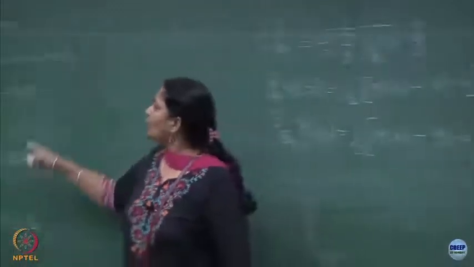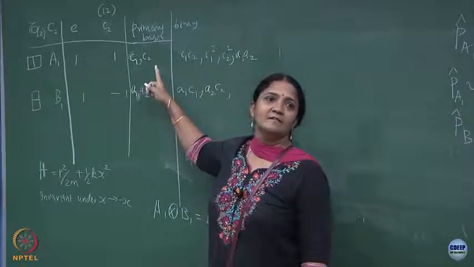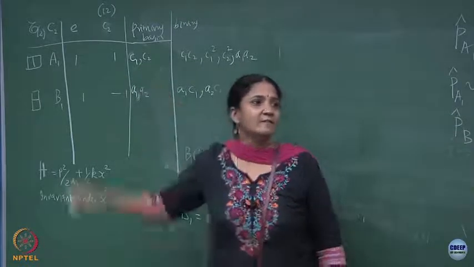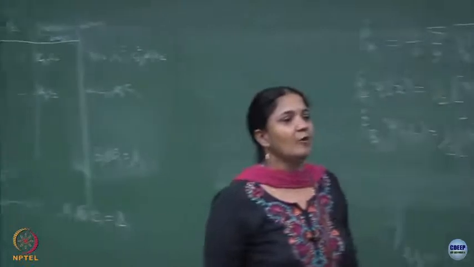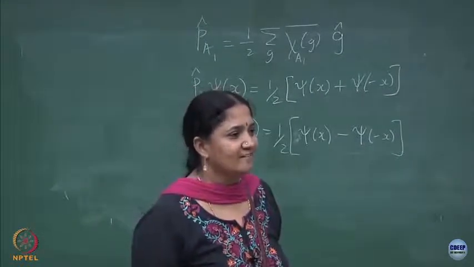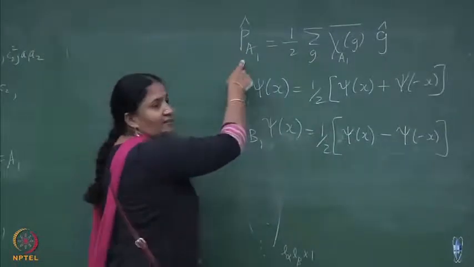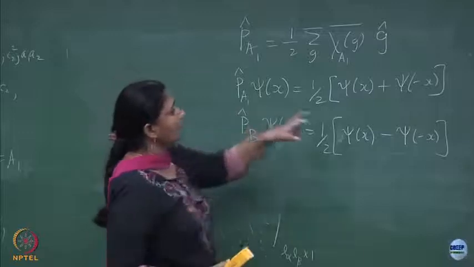So all your wave functions, ground state, second excited state, fourth excited state and so on, belong to which irrep in the harmonic oscillator? This projector projects it onto an even wave function.